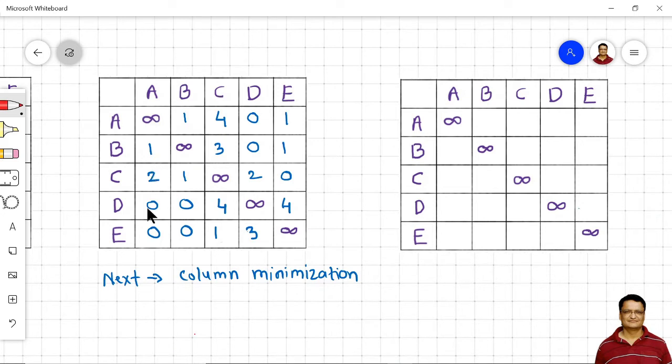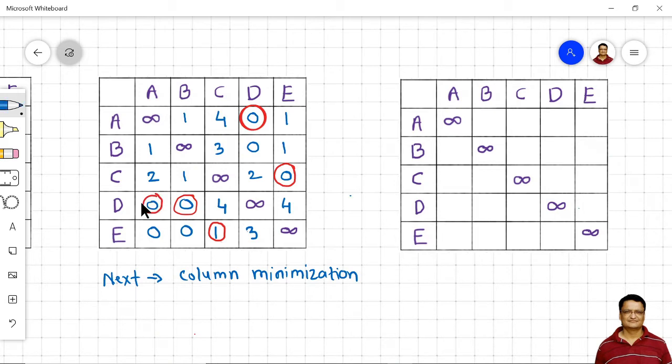Now moving on to the column minimization. Now select the minimum value from each column. So here it will be 0, for the second column it will be 0, for the third column it will be 1, for the fourth column it will be 0, and for the fifth column it will be 0.